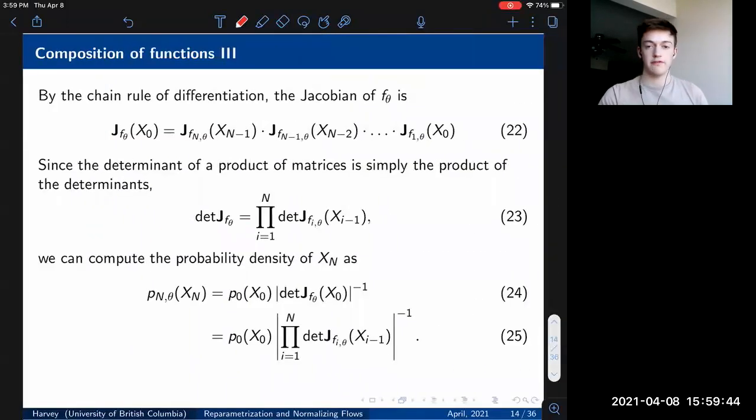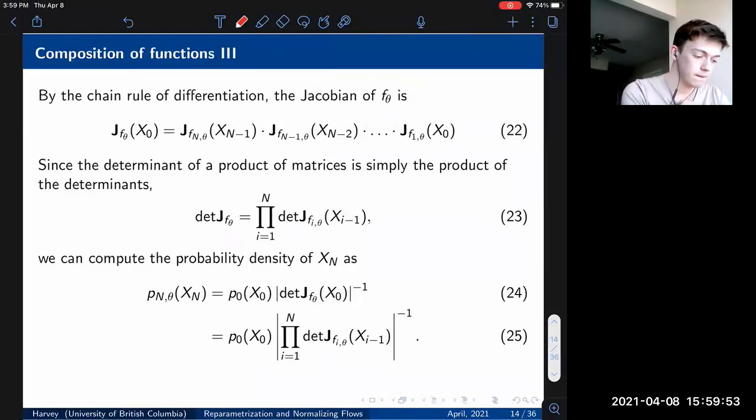Another property we want the functions to have is that we can compute their Jacobian for doing the probability density estimation. To do this, we can use the chain rule of differentiation. I'm going to go back to the previous slide to draw this out and give us some intuition.